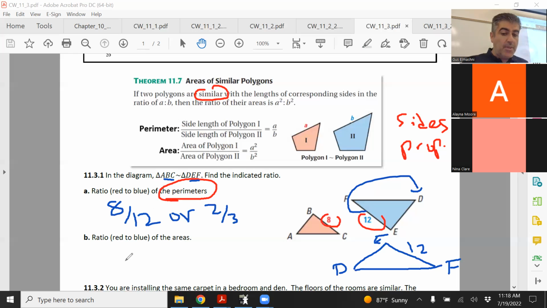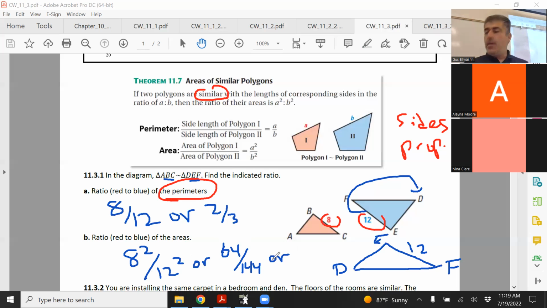The ratio of the areas is going to be this, or 64 over 144. Which I think can reduce. What does that reduce to? I think 4/9. Yeah, 4/9.